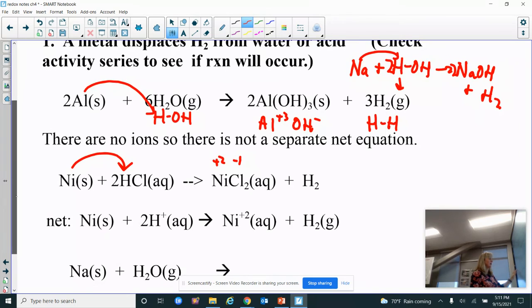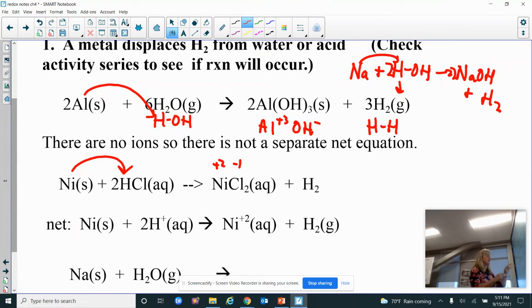But in this one, hydrochloric acid is really H plus and Cl minus, and there's two of them in the balance. And then this nickel chloride that's formed is aqueous because it's soluble, there's water present in the acid. Okay, if it's aqueous acid, then there's water. So that compound nickel chloride is soluble, and so it splits up into ions.